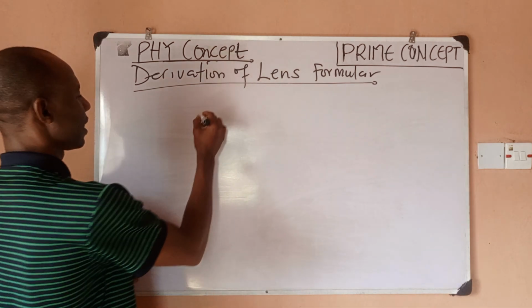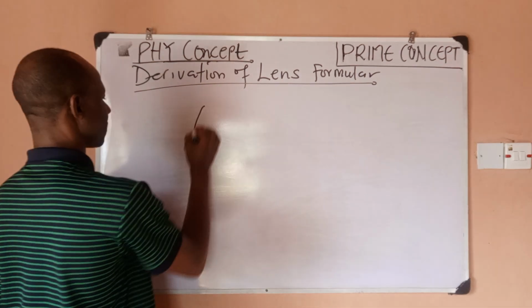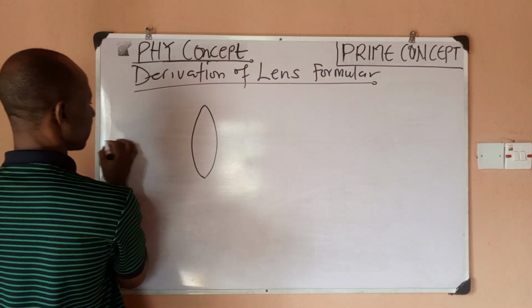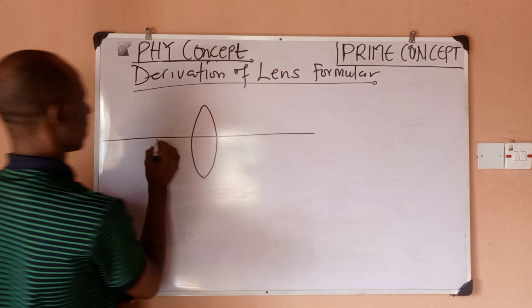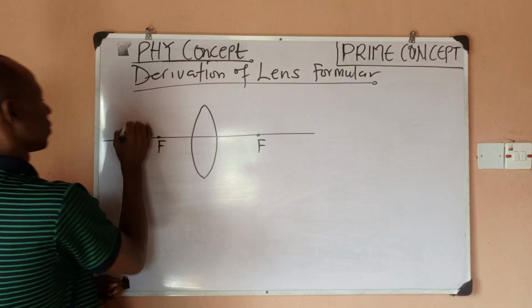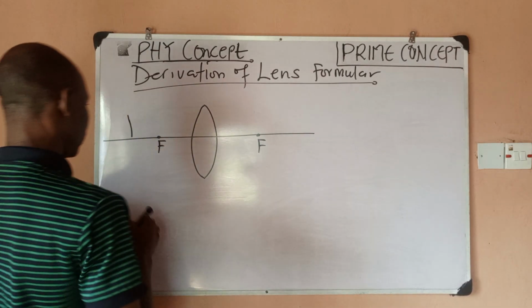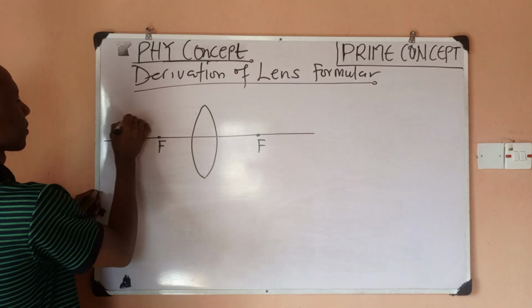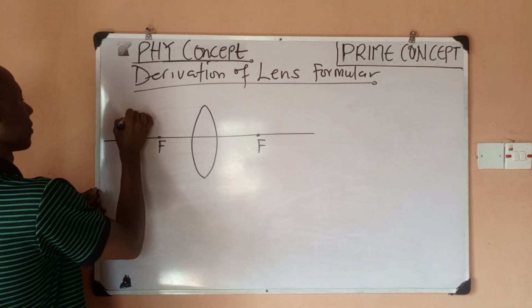So say I have my convex lens. This is my convex lens. And this is my focal point F. So I place my object somewhere around here. Right?